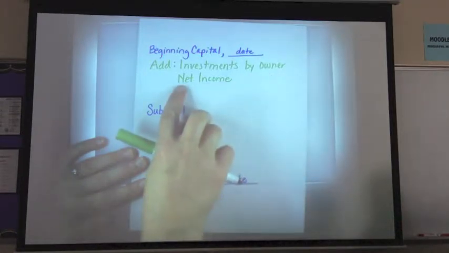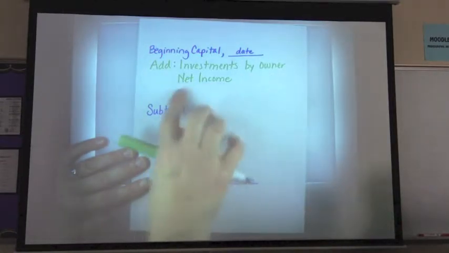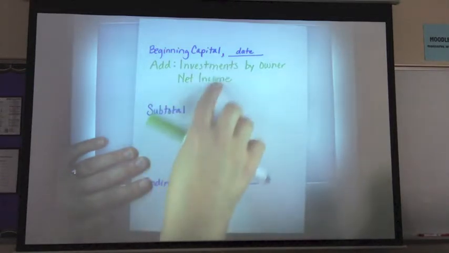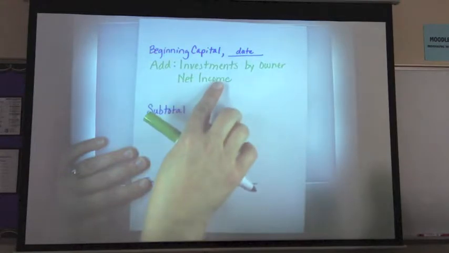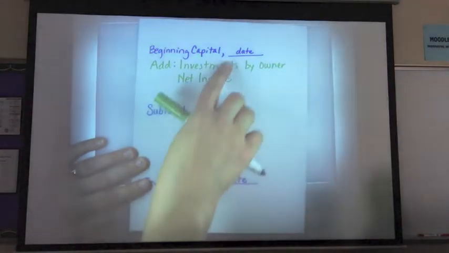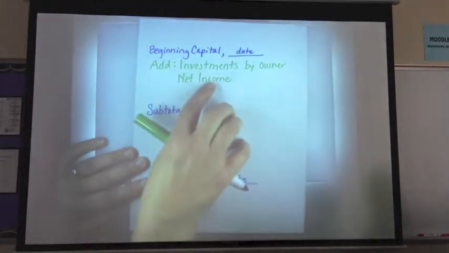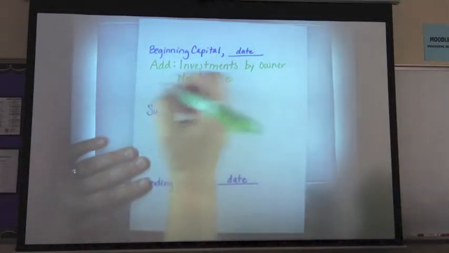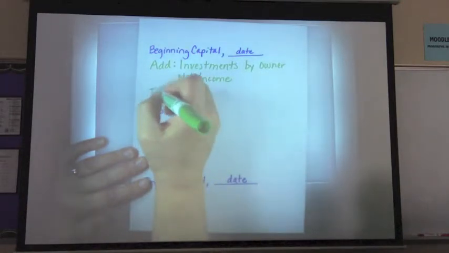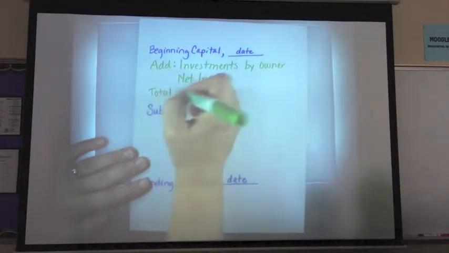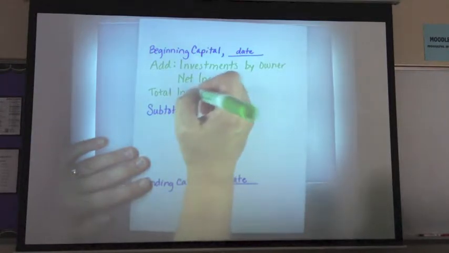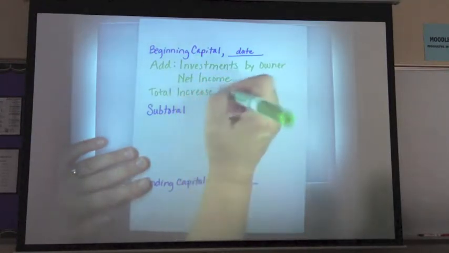There are times when the company is going to lose money and they're going to have a net loss and they won't have a net income. So it's a possibility you won't use one or both of these in a particular accounting cycle, and that's okay. But if you do use both of them, you're going to have to use this line. Total increases, or total increase to capital.